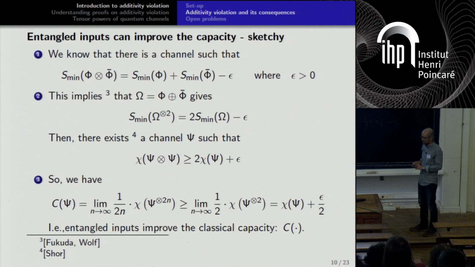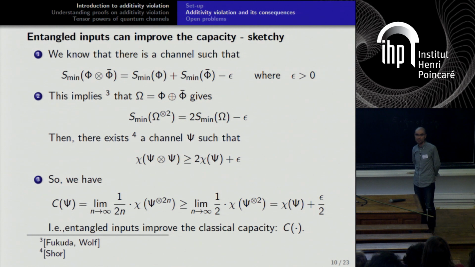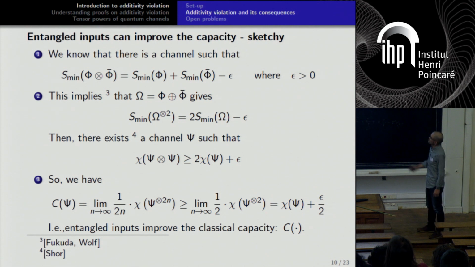So then we don't know about the one-shot capacity, I mean, a simple formula for the classical capacity of a quantum channel. I believe this is a very important question in this field.